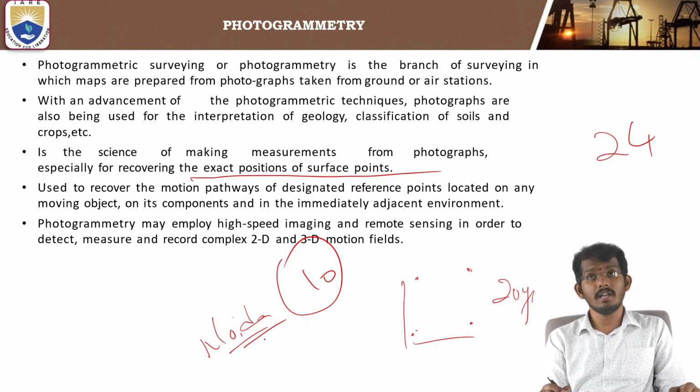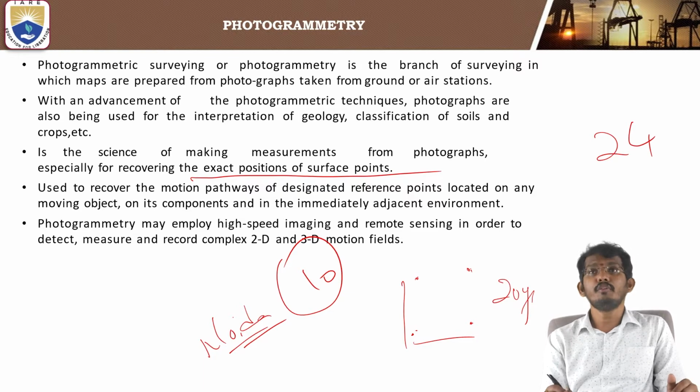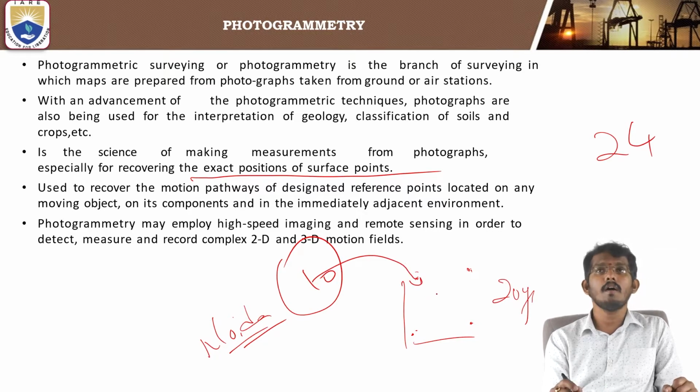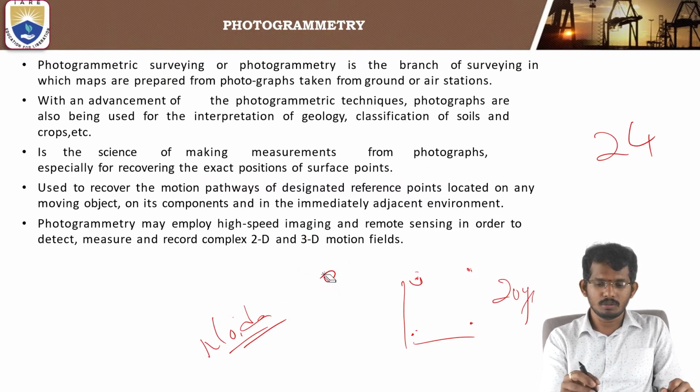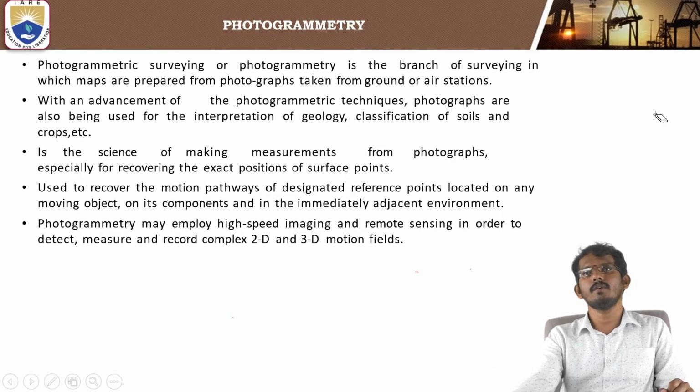That can be done. I can take out the exact position of the surface point of the 10th column using the photogrammetric technique. So there is a very broad application of photogrammetry in the recent scenario.